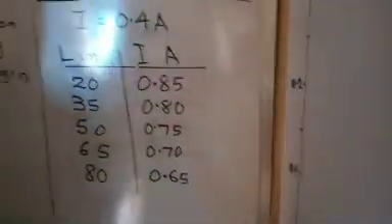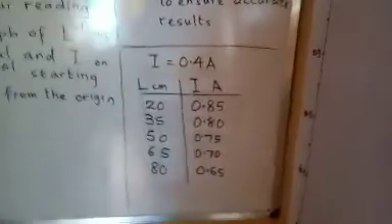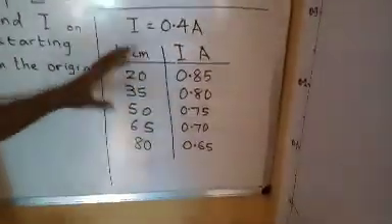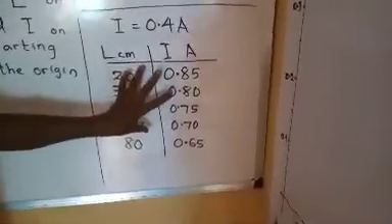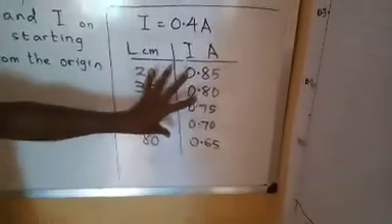We have 0.65. Okay? Now, what we do is that we make a proper tabulation.